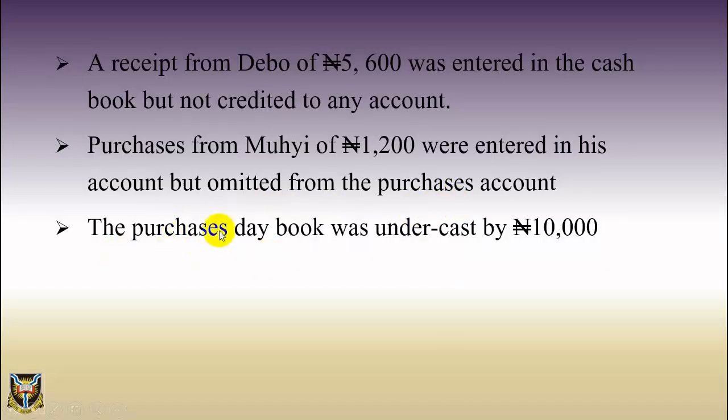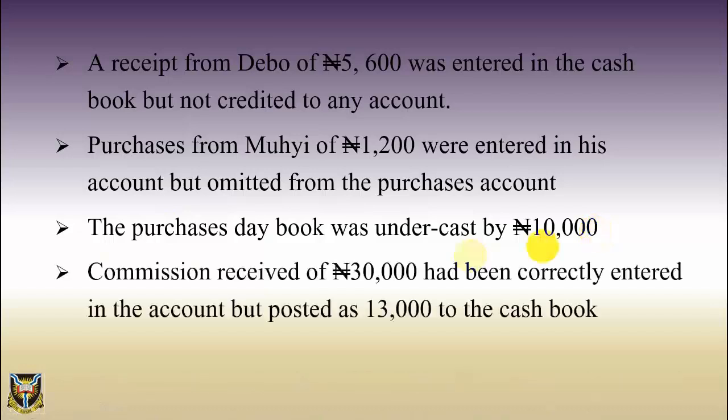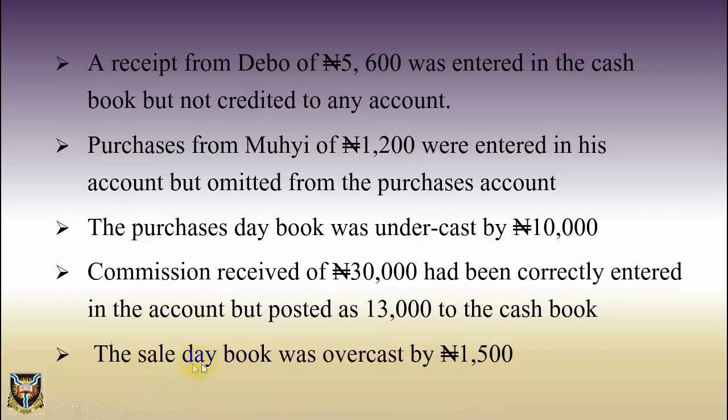C. The purchases day book was undercast by 10,000 naira. D. Commission received of 30,000 naira had been correctly entered in the account but posted as 13,000 naira to the cash book. E. The sales day book was overcast by 1,500 naira.